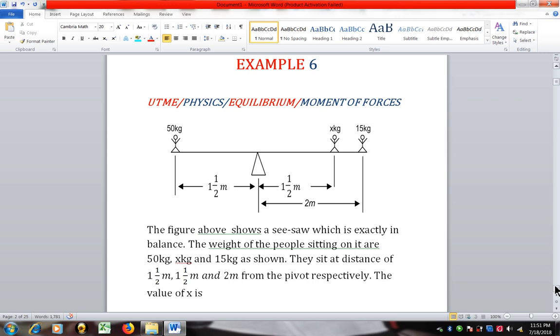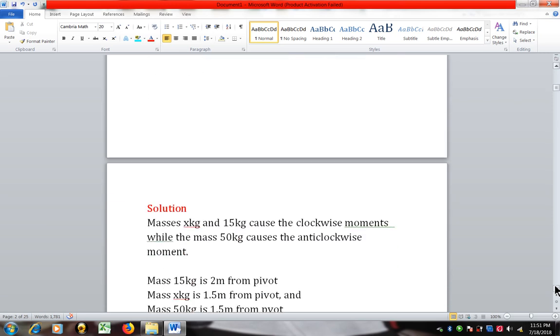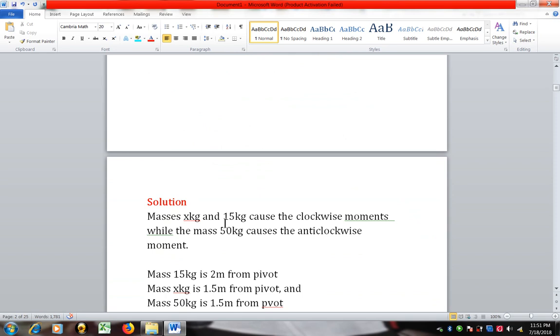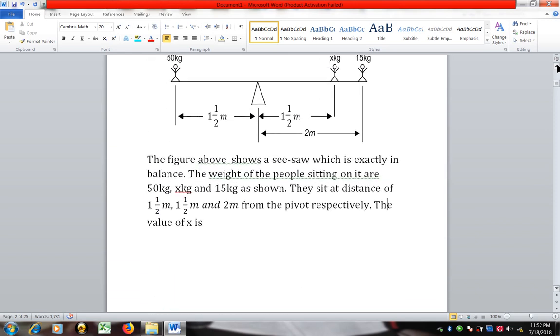Okay, now let's go. It is obvious that the masses X kilogram and 15 kilogram are the ones that cause the clockwise moment. You can look at the diagram again, which is very important.